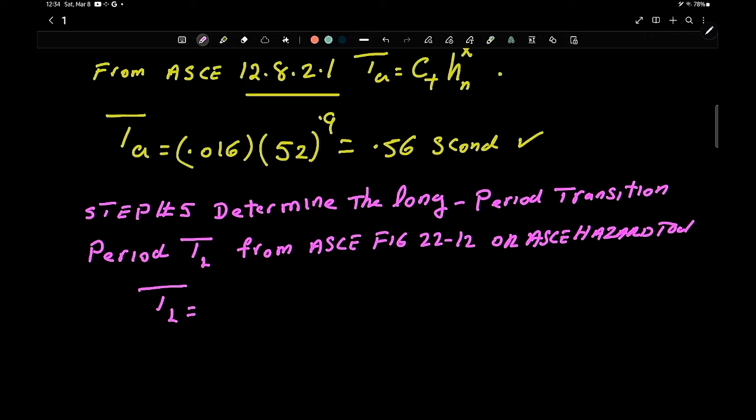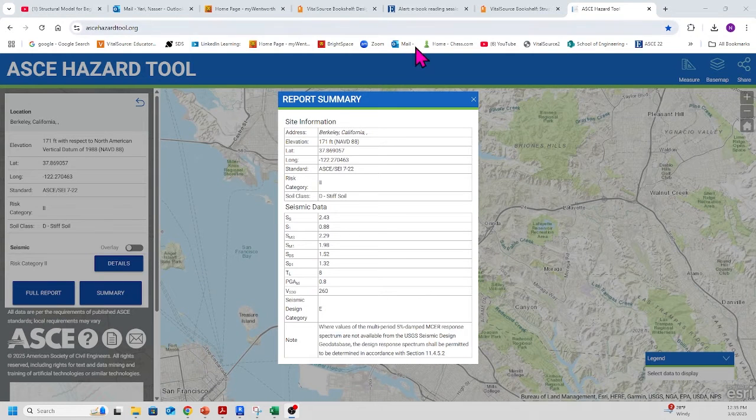Okay, step number 5, we're going to go ahead and find out the long period transition TL. If we go into ASCE figures 22, which I'm not going to go to, or we can go to the hazard tool, we can find TL. So let's go to the hazard tool. We were there at the beginning, remember? Bring this up right here. TL is right there, equal to 8 seconds.